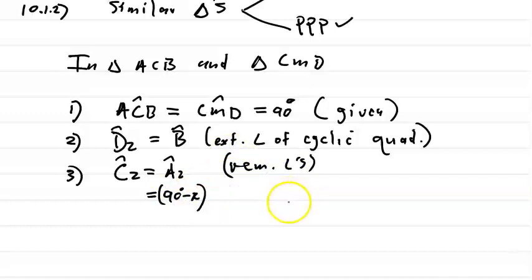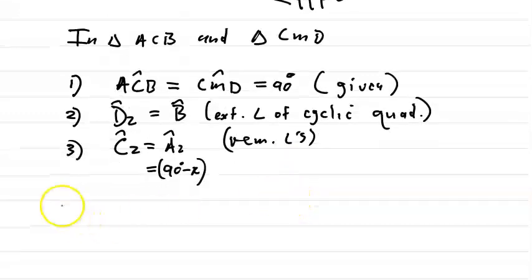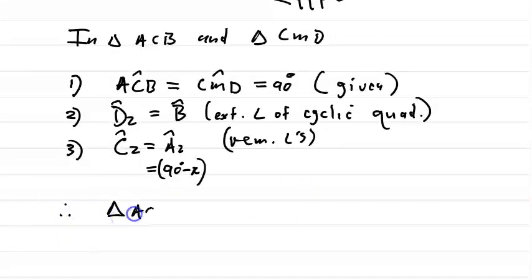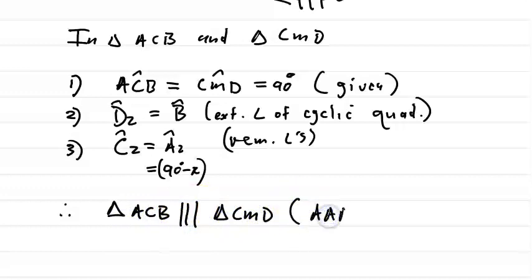Remember, because the sum of angles of a triangle add up to 180 degrees, there are only 3 angles in a triangle. Therefore, triangle ACB is similar to triangle CMD, and our reason will be angle, angle, angle.